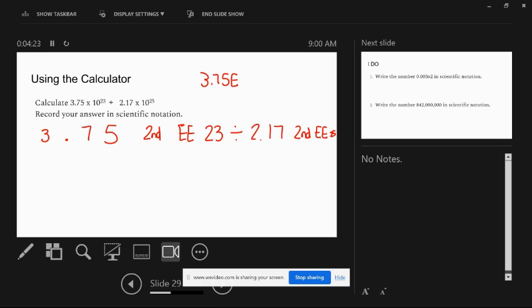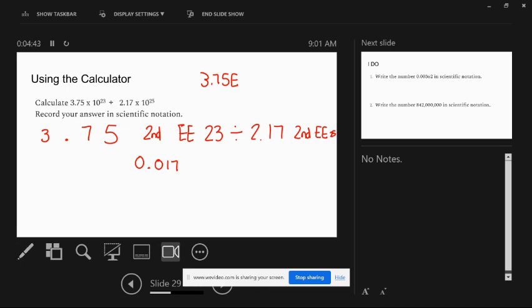Why did that not work? 3.75 second EE 23 divided by 2.17 second EE 25. There we go.